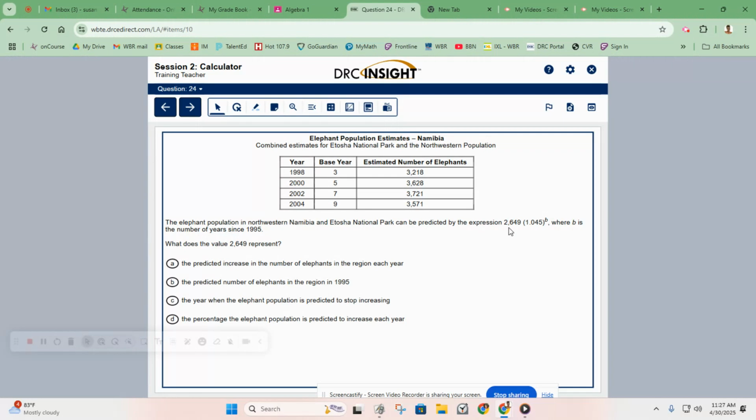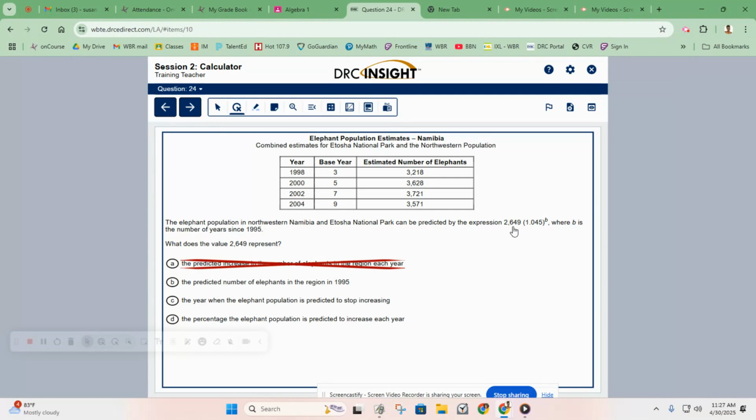However, you have to make sure that you know when the beginning was. So is this the projected increase in the number of elephants each year? No. Is this the predicted number of elephants in 1995? When did I begin counting? Not 1998, I began in 1995. Okay, so that's what this is. This would be my y-intercept if I graphed it.